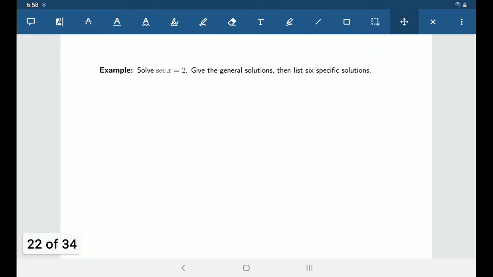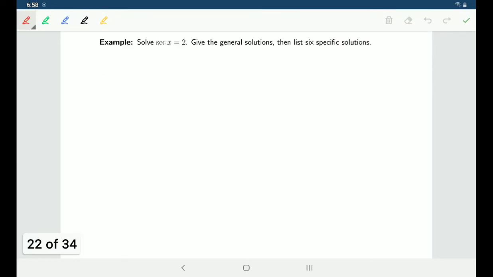We're looking to solve secant of x is equal to 2. We want to find the general solutions, and then we also want to find 6 specific solutions. Firstly, if I'm looking to solve secant of x is equal to 2, I'm going to rewrite that as looking for cos of x equal to the reciprocal of 2, equal to a half.